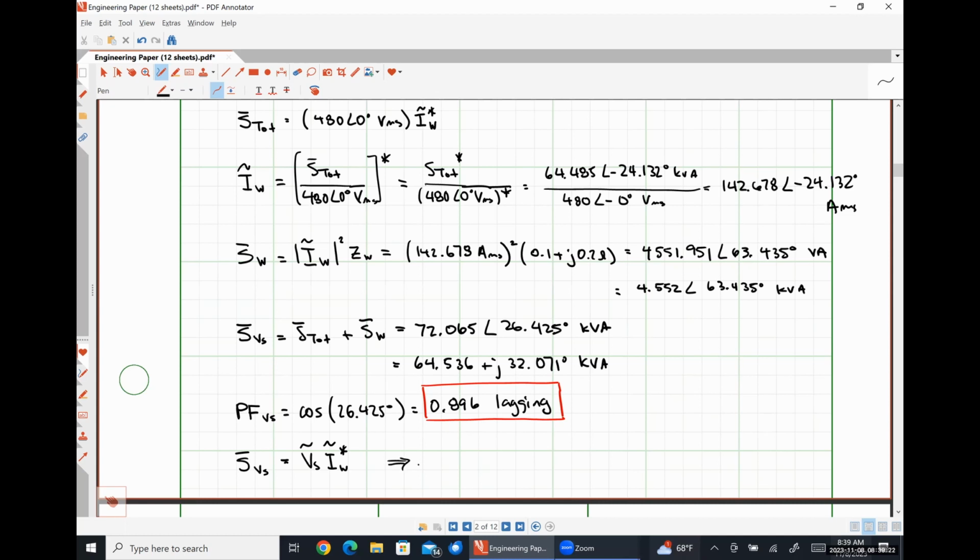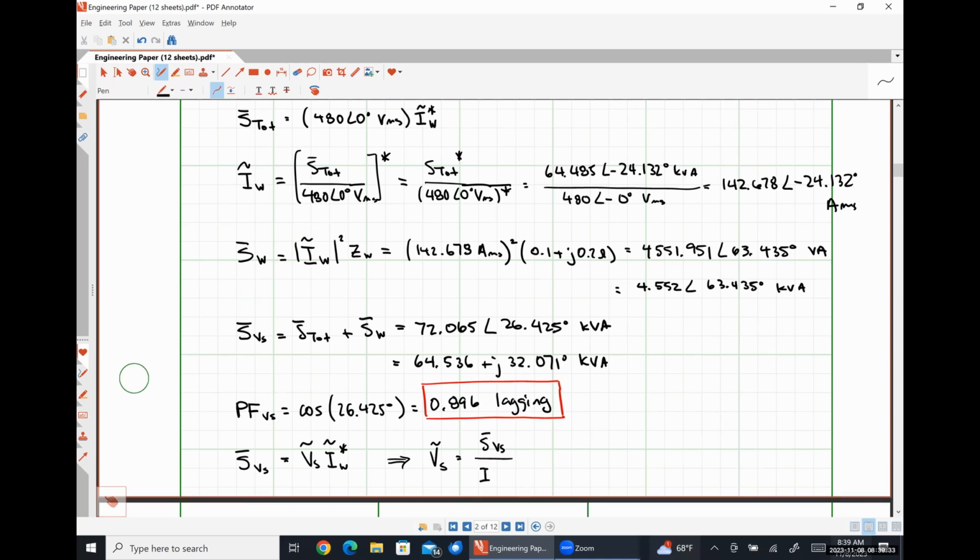So V_S is just S_VS divided by I_W conjugate.